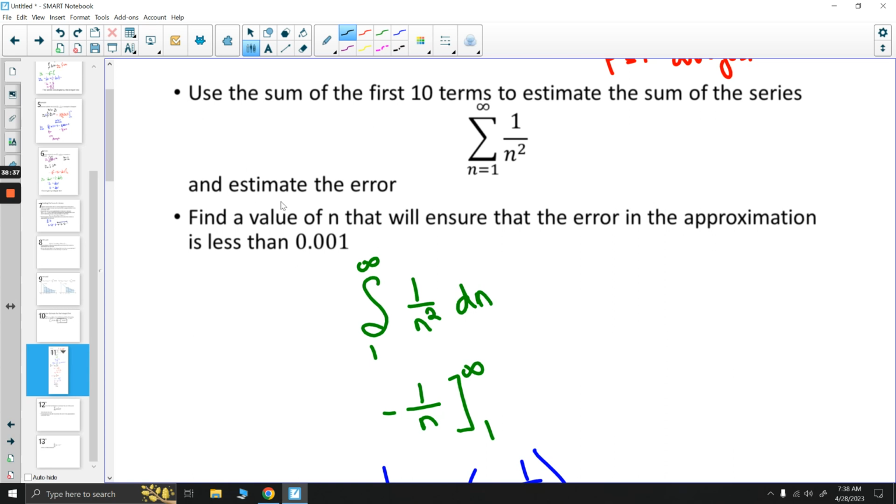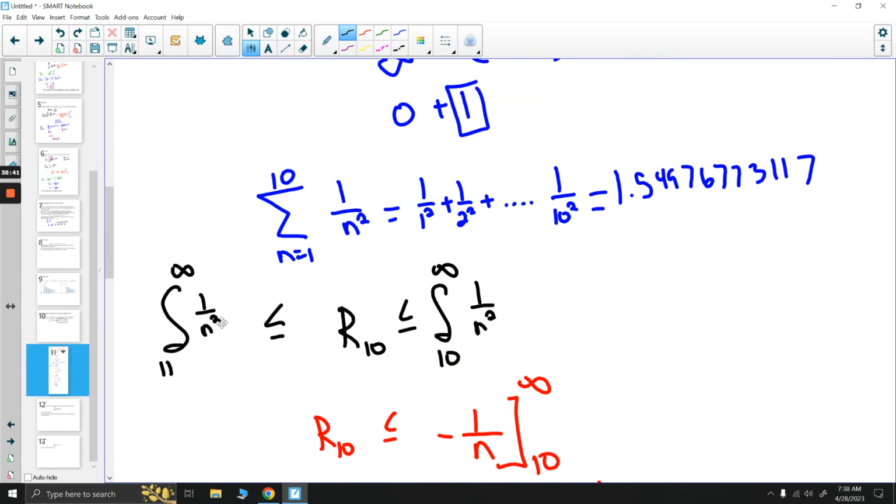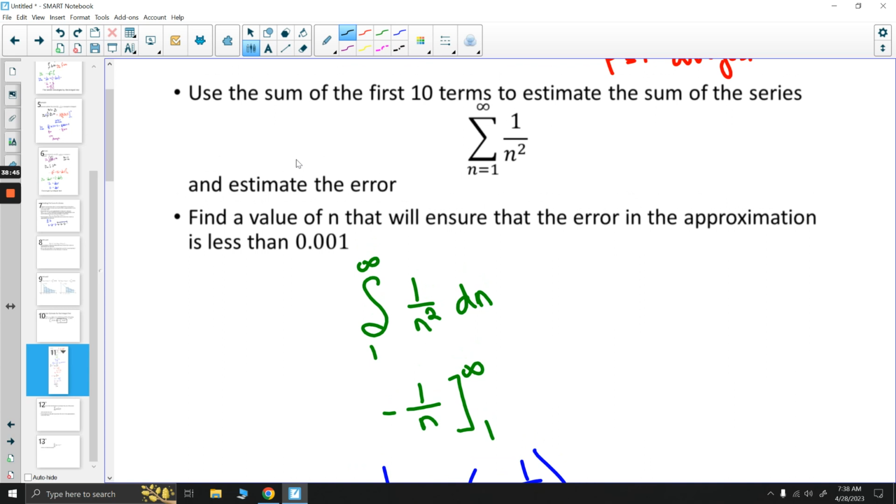So this 10th partial sum might not seem like all that accurate in this case, but depending on the series, it could actually be super accurate. But again, your series approximations are only good if we can also find the error, because we want to know how close we were.